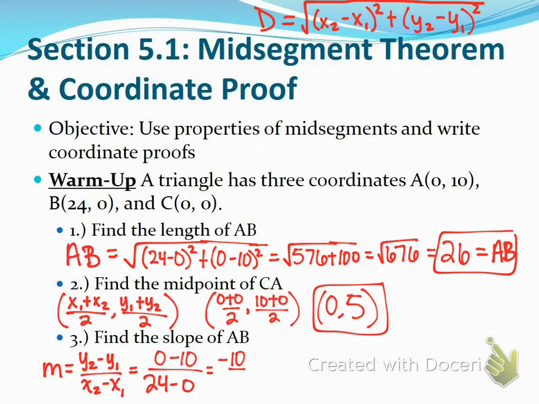Reduce it. Very good. Questions about finding the length, the midpoint, or the slope of a segment? If any of these topics were unfamiliar, I would recommend having the generic form for doing them written down.